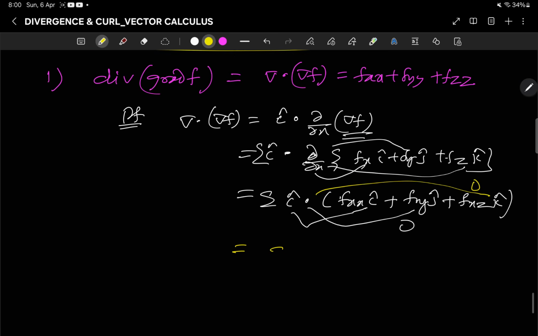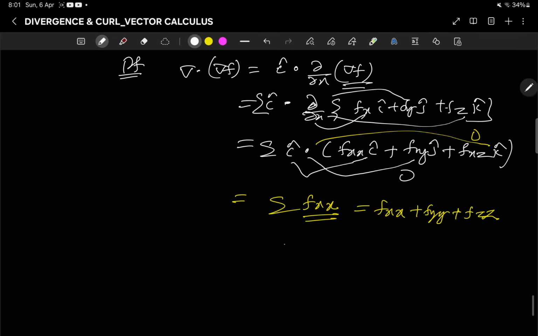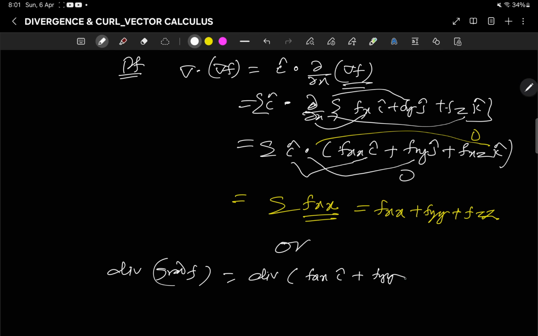So this is equal to I dot I, 1, summation of fxx. So what does it mean? It means fxx plus fyy plus fzz. Alternatively, you can write div of grad f is equal to div of fx i plus fy j plus fz k. Now this is my v1, this is my v2, this is my v3.